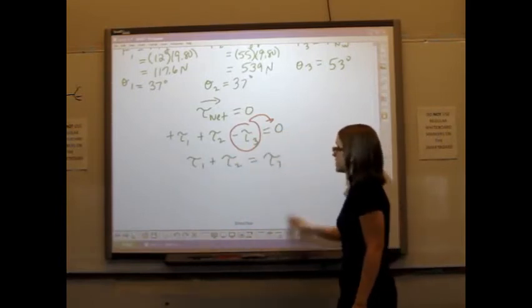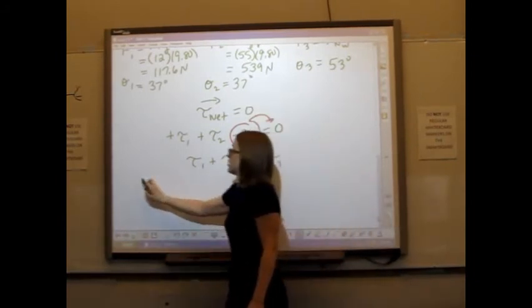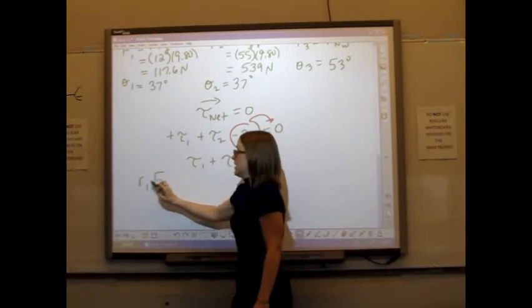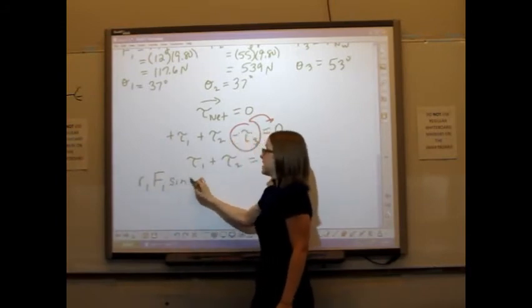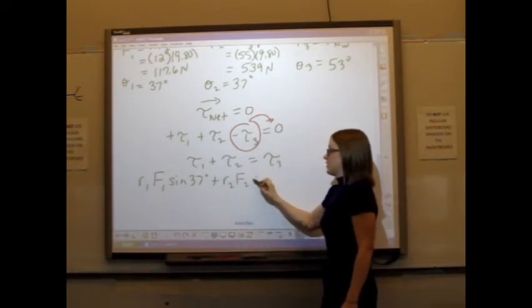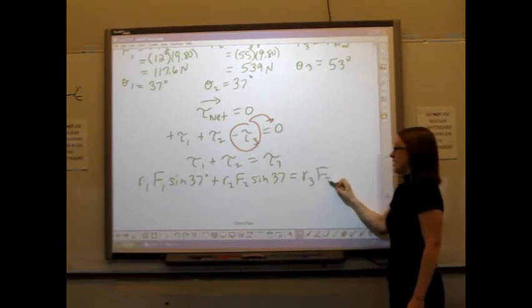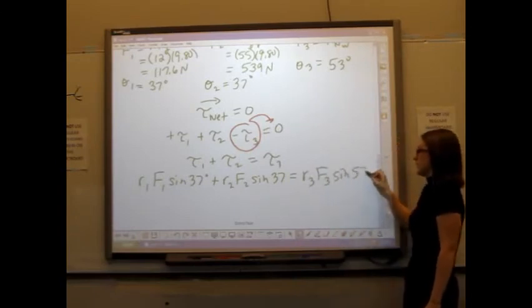Okay? So as long as you get from this step to here, it doesn't matter how much working you show, show more rather than less. R1 F1 sine 37 plus R2 F2 sine 37 equals R3 F3 sine 53.